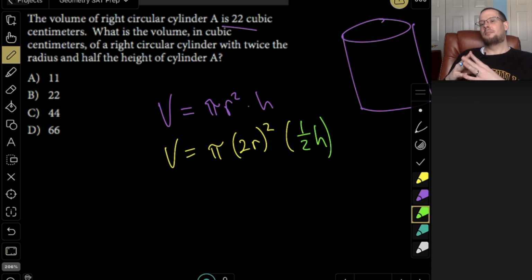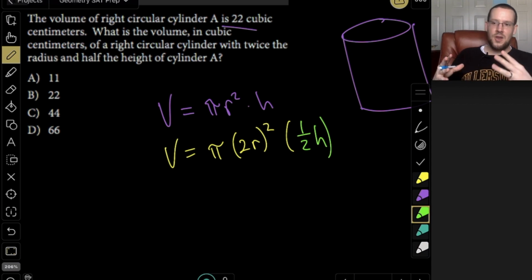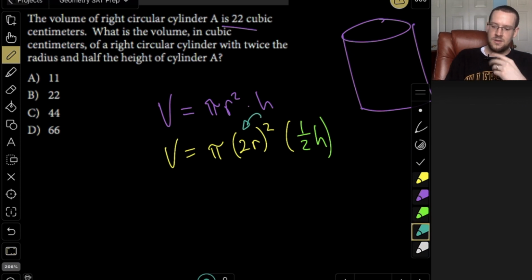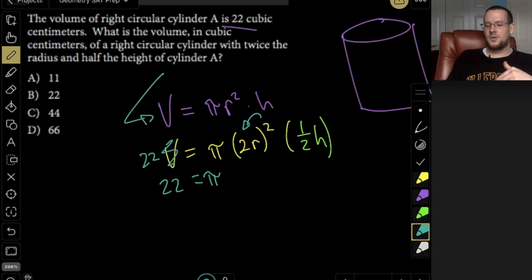Now, big question here: do you know properties of exponents? Can you multiply this out? So we're going to have pi r squared h is equal to, I'm actually going to put this as 22, because that was our original value. And now what I'm doing is seeing what I need to multiply the other side of the equation by.